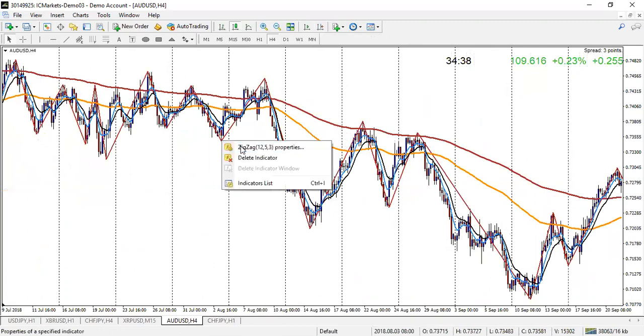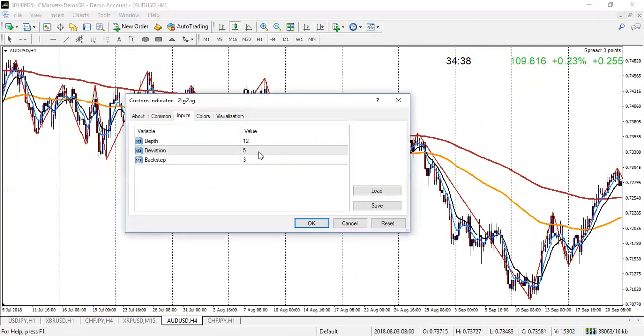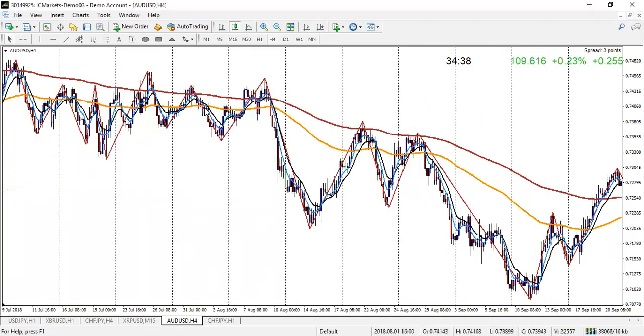I'm using the zigzag, with my settings at 12, 5, and 3. I use the zigzag to help me identify the highest and lowest points. I find the previous highest trend movement.